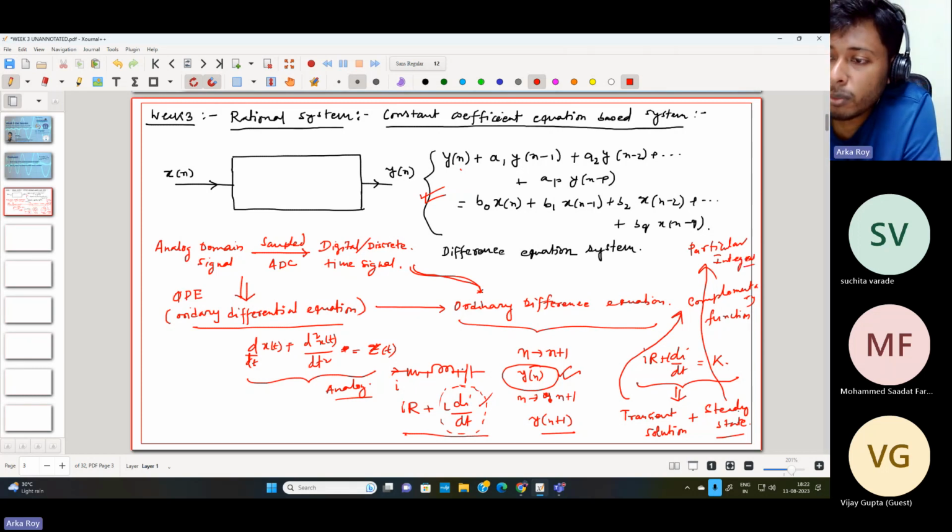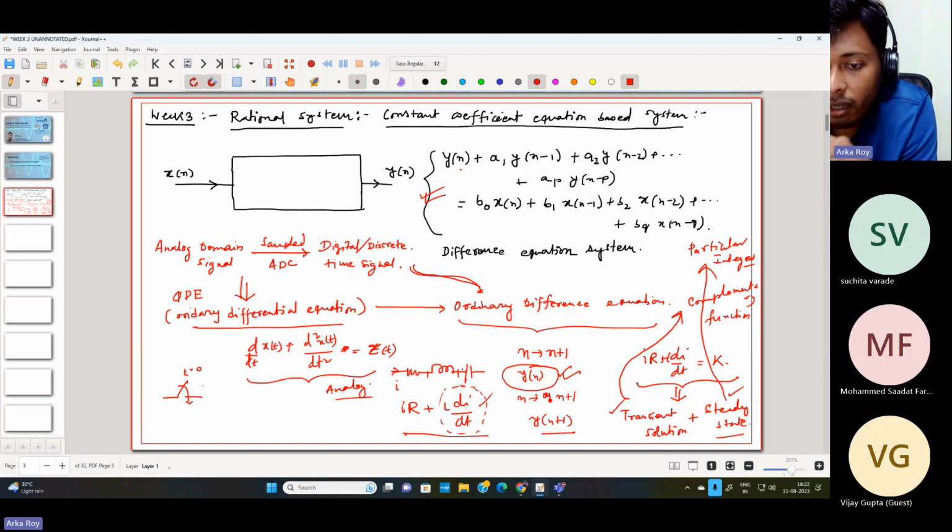So in the continuous domain, whatever we have as complementary function and particular integral is basically the same as what we have as a transient solution and as a steady state solution. So even in circuit theory also, we get to see these kinds of problems. For example, there is a switch, and if I just switch on the device at t equals to 0, then I will have some different response.